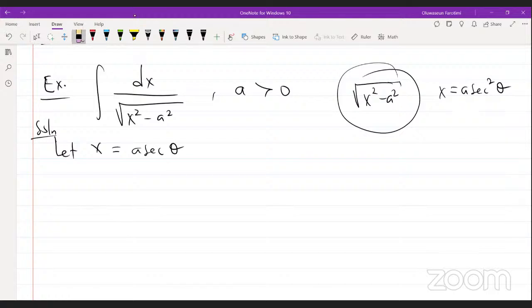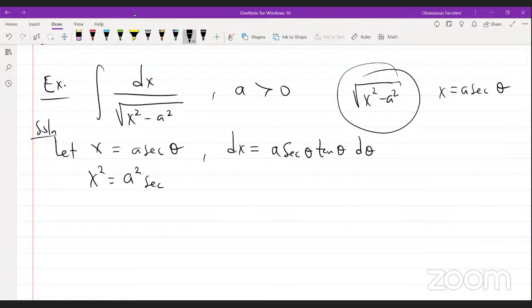There's no square, guys. So dx d theta is going to be, if you differentiate secant, remember you get a secant tan theta d theta. So what next, guys? What is x squared? a squared secant squared of theta.